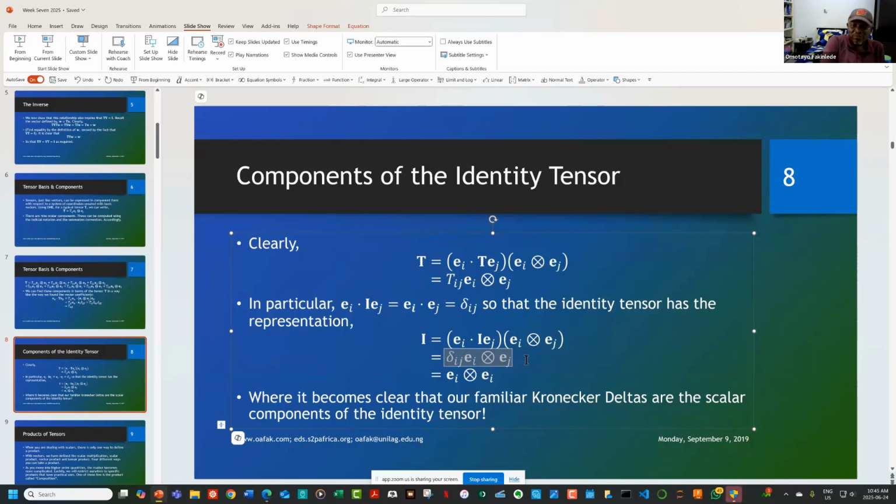Before we move on from this page, I want you to tell me the scalar components of the annihilator tensor. Go now to the chat room. Tell me the scalar components of the annihilator tensor. You can start from here.